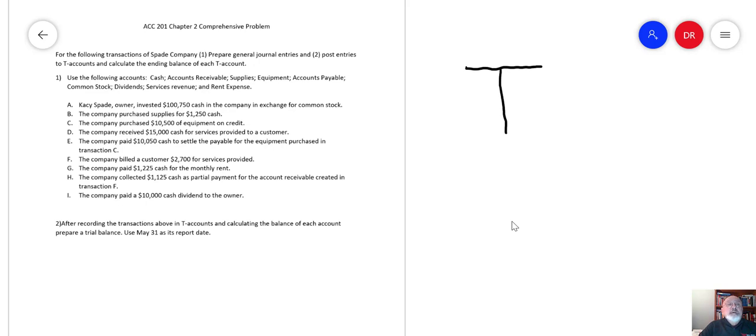So we're going to start by creating these T accounts. So we have cash. We're going to have accounts receivable. I'm abbreviating it AR. Better make cash a little longer. And then we have supplies.